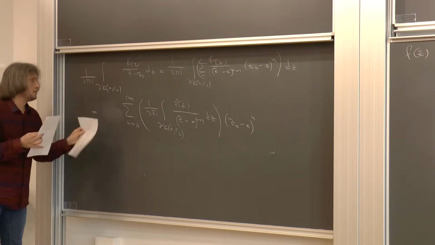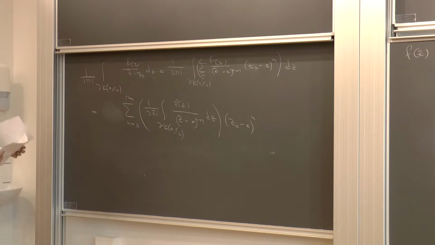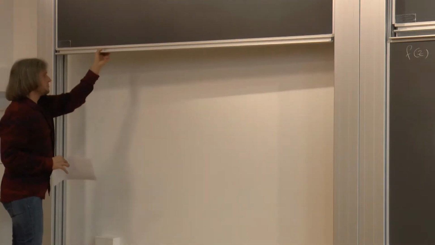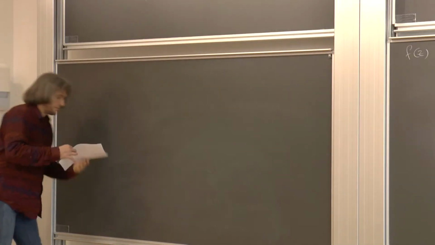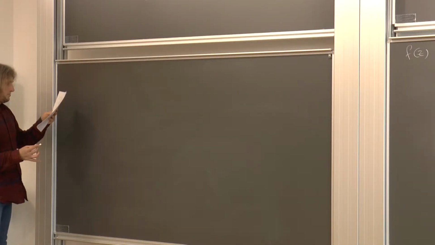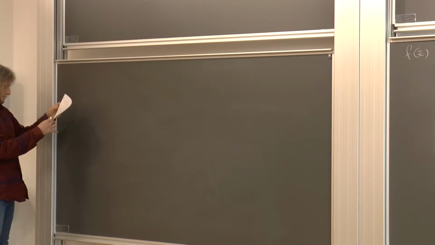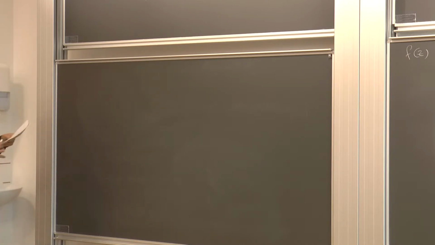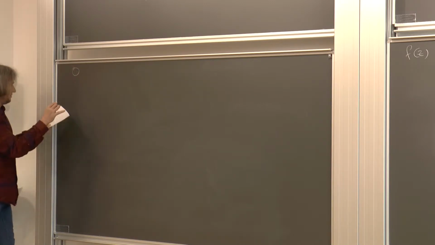Now let's do the second one. So this, we had two summands. So this is the first summand. Now the second summand. The second summand comes from integration on this second curve, second circle.